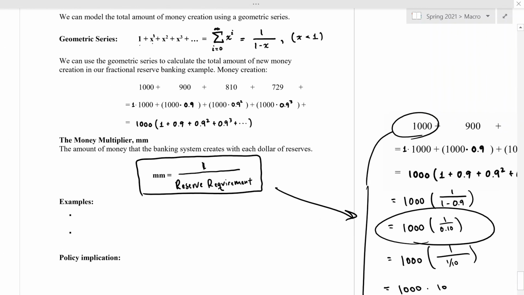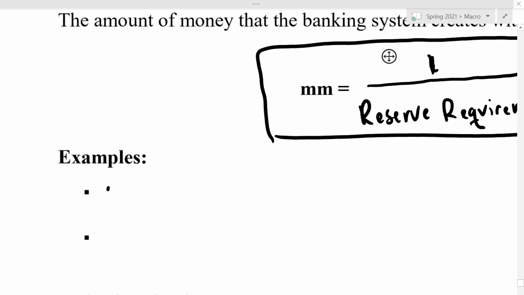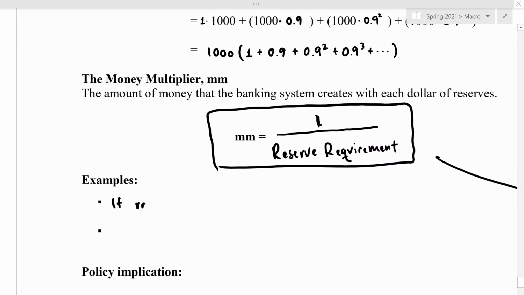And so just to do another quick example, if the reserve ratio is equal to 5% or 0.05, then the money multiplier is going to be equal to 1 over 0.05, or 20.